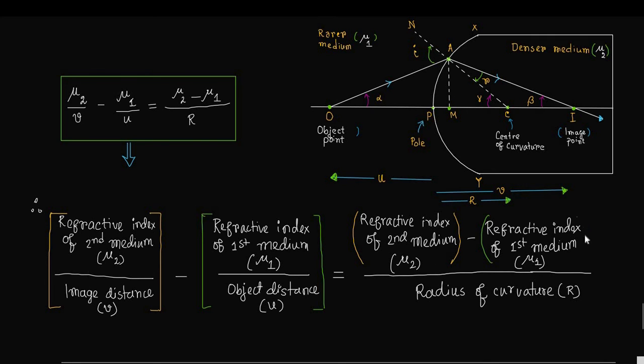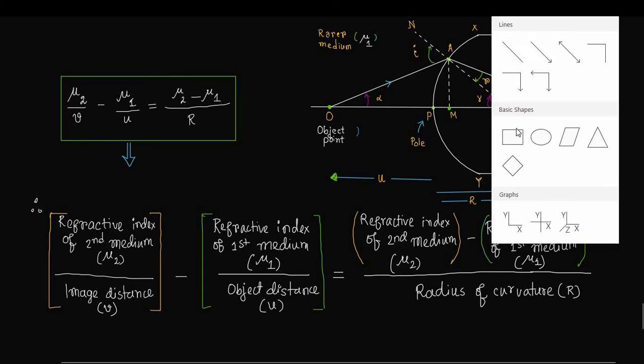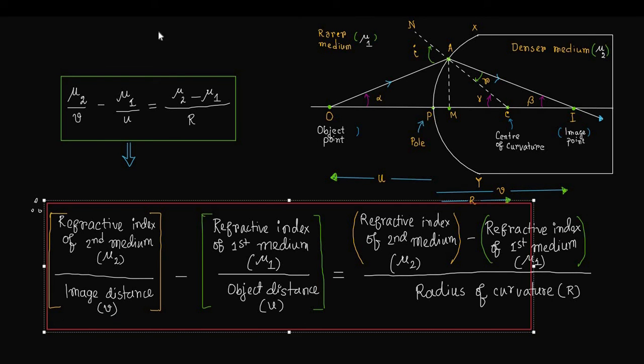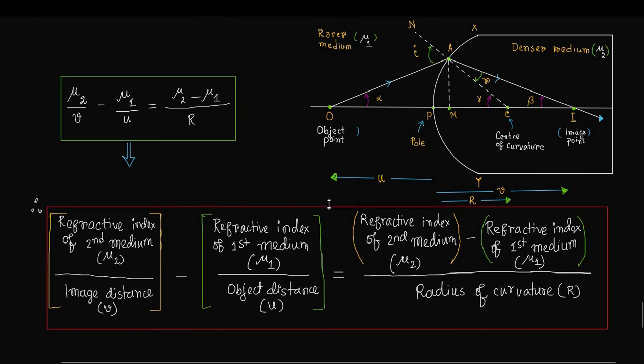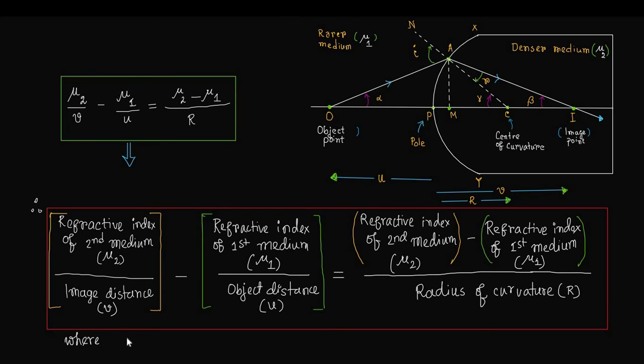This is the formula of relation between image distance, object distance, and radius of curvature for refraction of light through a convex surface enclosing a denser medium, where the object point exists in the rarer medium. The first medium is the medium in which the object point O is situated.